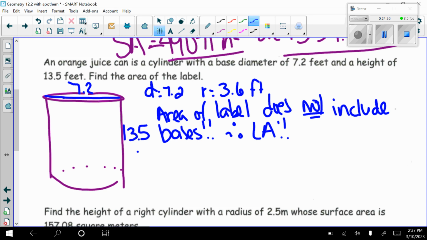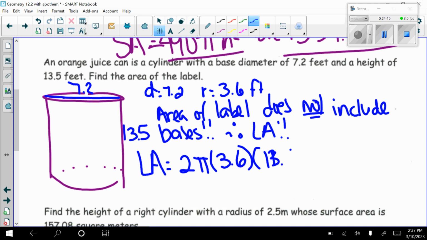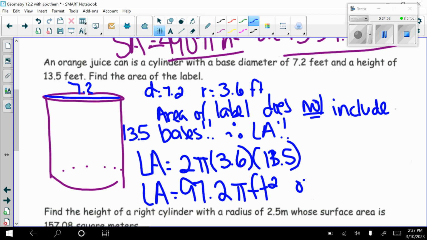So lateral area is equal to 2 pi, our radius, 3.6, times our height, 13.5. When I multiply all that out, I get 97.2 pi square feet. Or then multiply that through by pi, 305.44 square feet. That's the area of just the label.